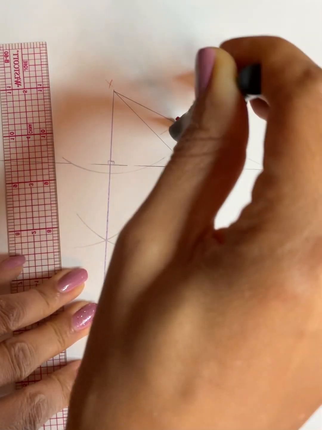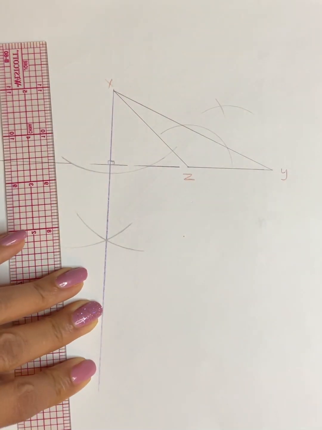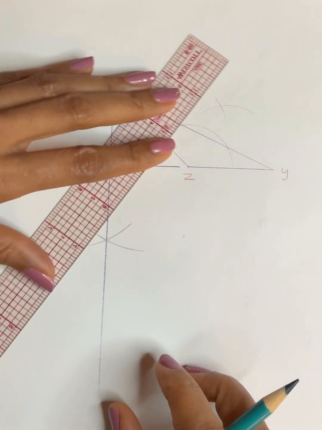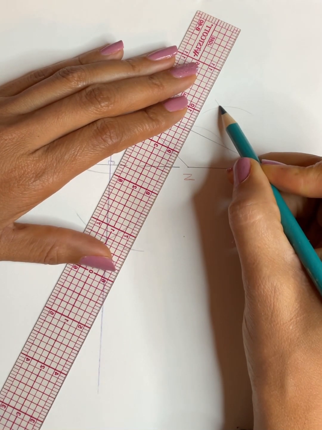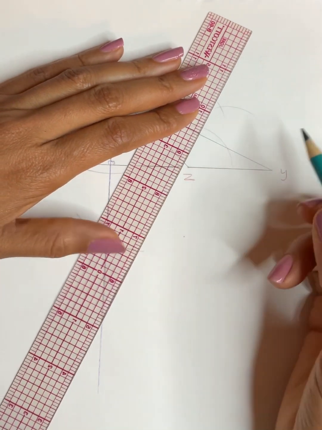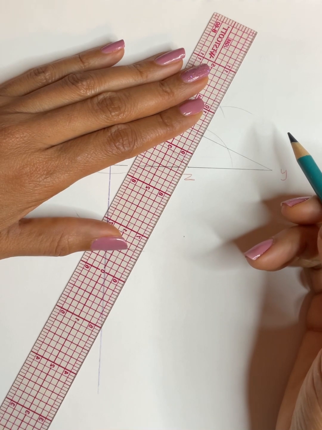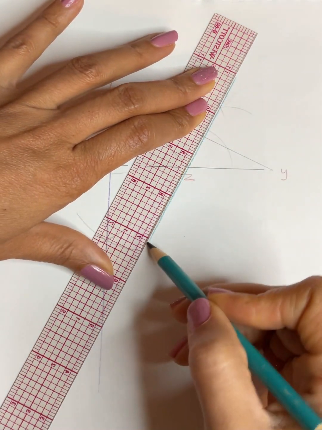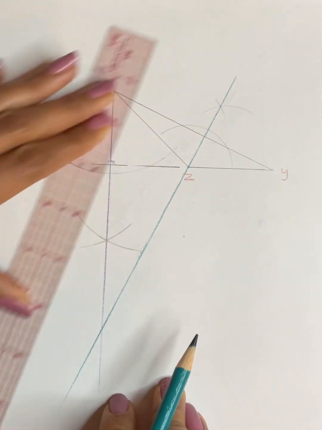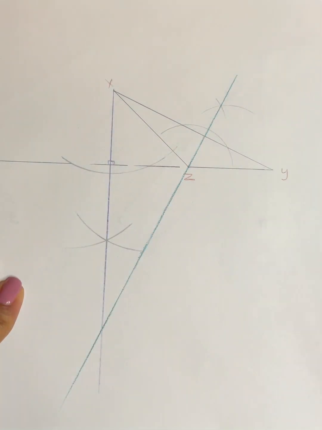Slide it over to the other intersection. So from this intersection right here, going through my vertex, I'm going to create the line through, all right, and that's your other altitude.